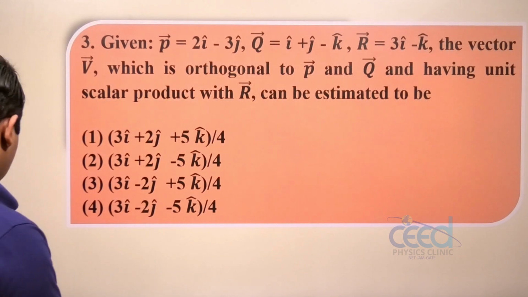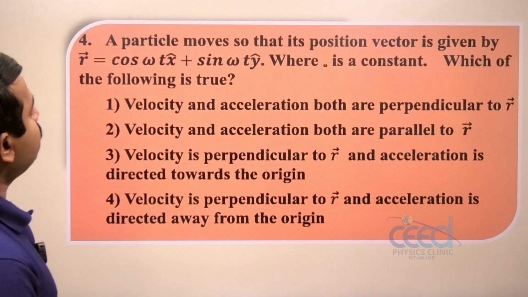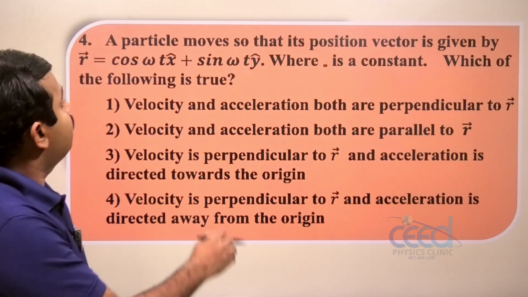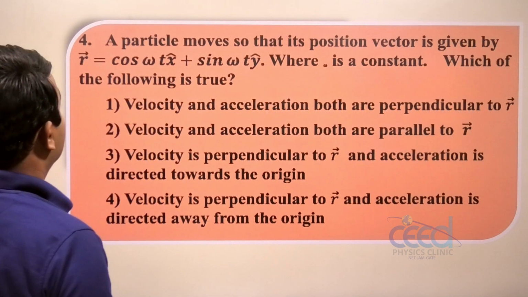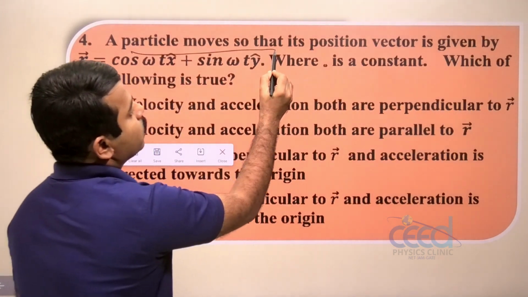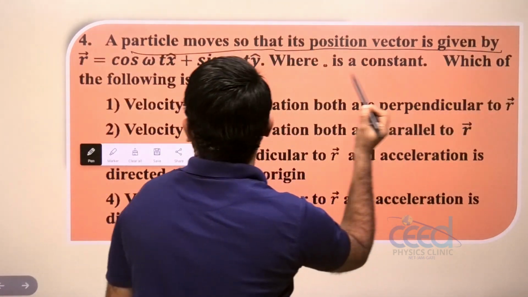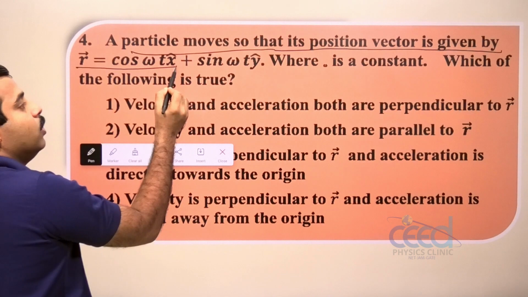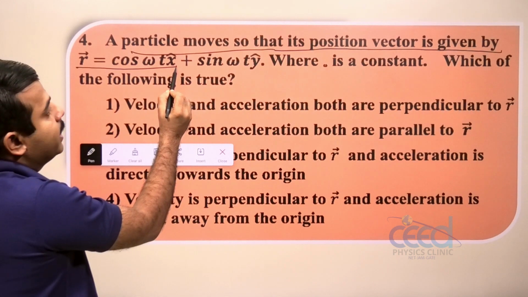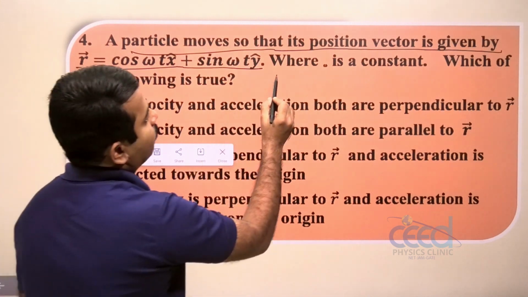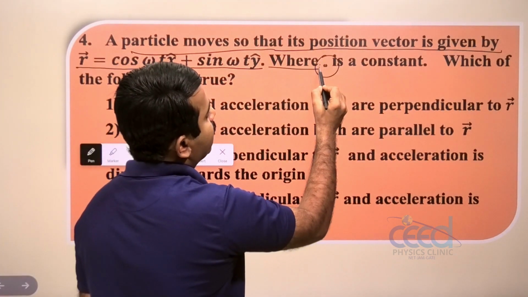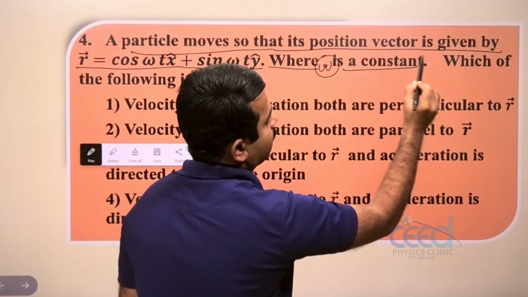Now let us go to another problem, right. A particle moves so that its position vector is given by R is equal to cos omega t x cap plus sin omega t y cap, where omega is a constant.